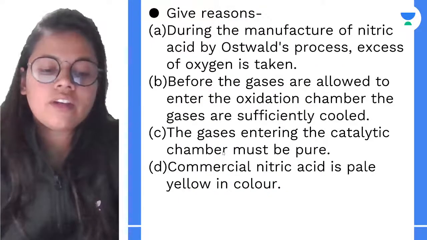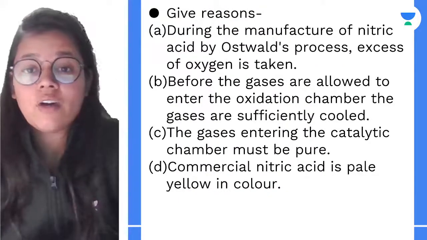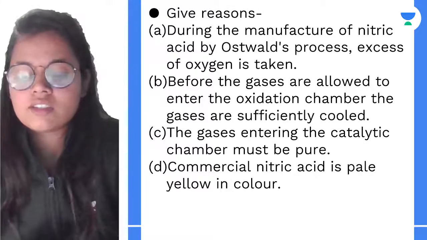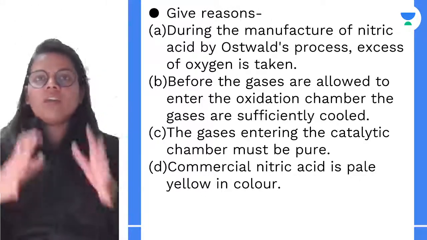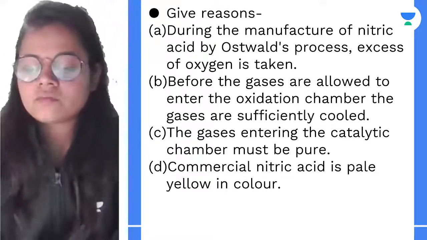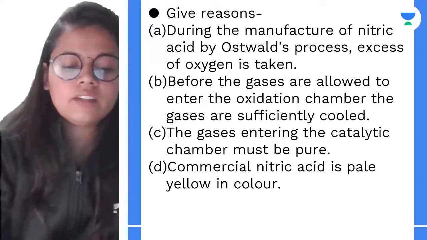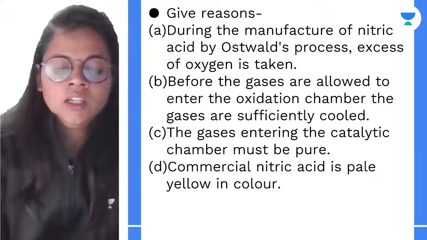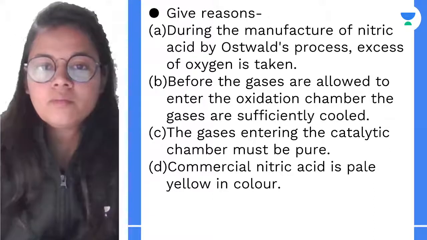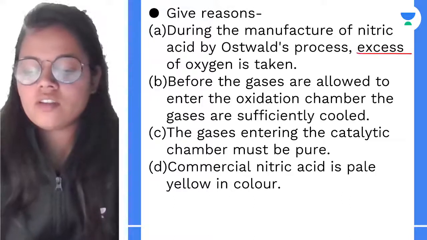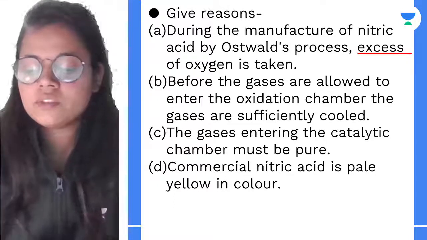Next, give reason: during the manufacture of nitric acid by Ostwald's process, excess of oxygen is taken. Why do we take lots of oxygen? What's the reason behind that? Why do we need excess of oxygen? Anyone?